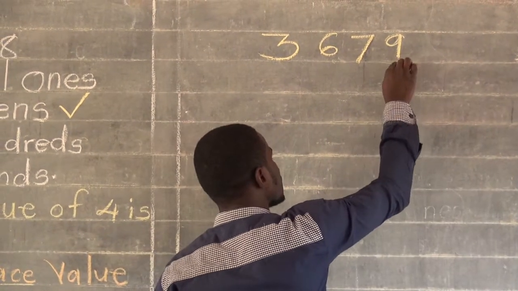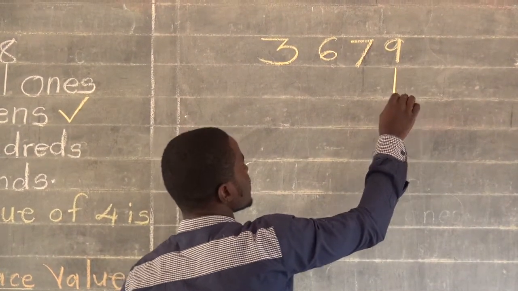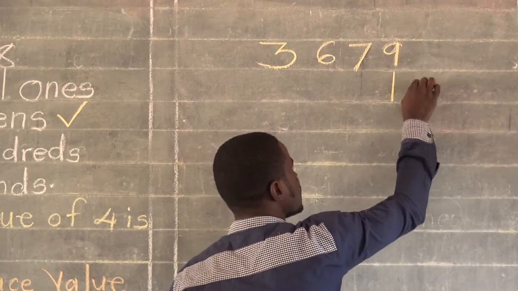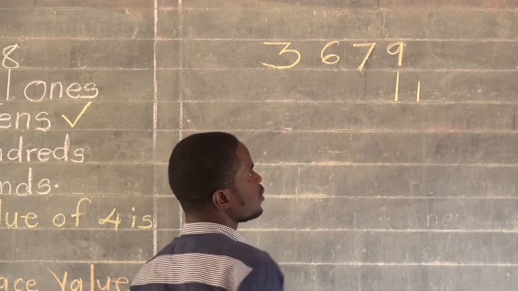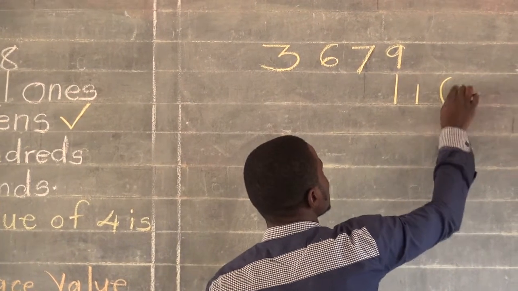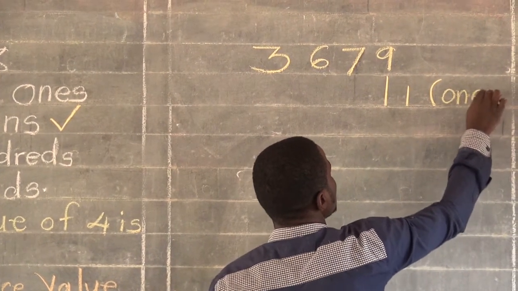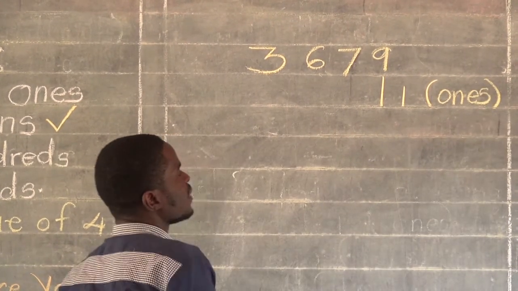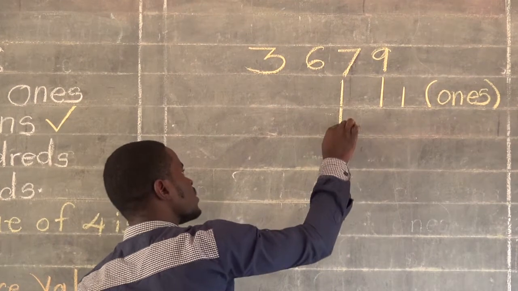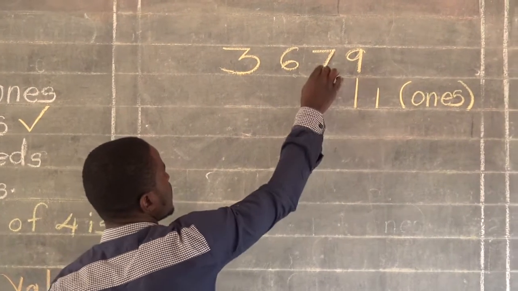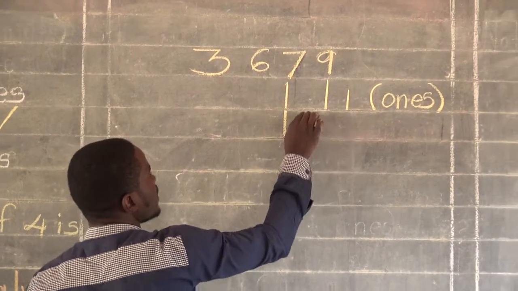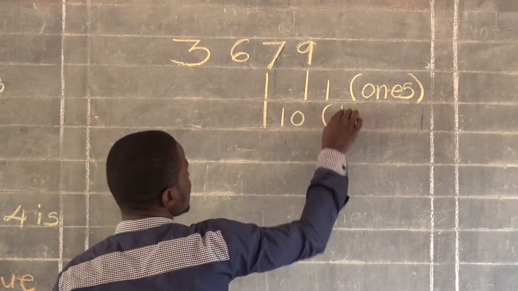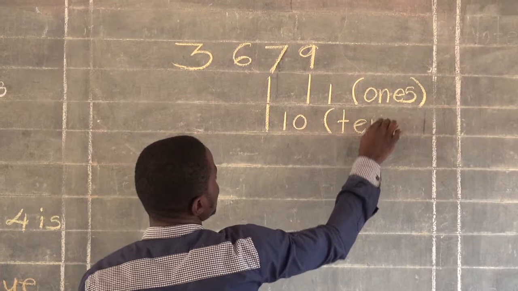So we shall come down with our line like that and say that the first place value here is ones, which we write in words as ones. That is in words. Then we come down to the next one. The place value of number 7 is tens, which in words you write as tens.